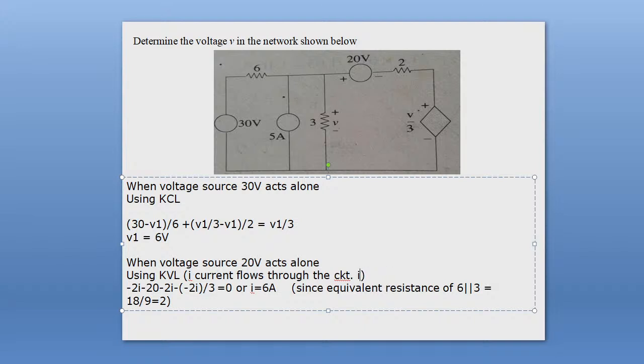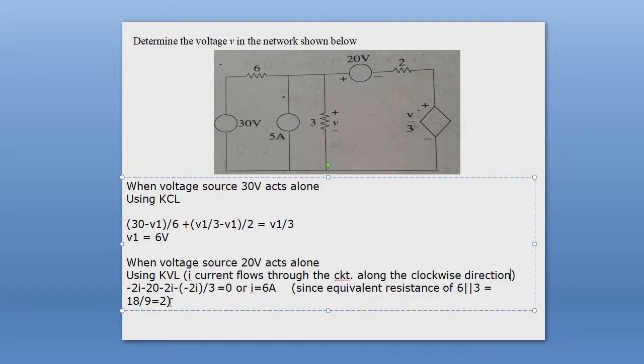You write along the clockwise direction. Okay, so then you can write this expression, and you see this is equivalent to 2 and I current.